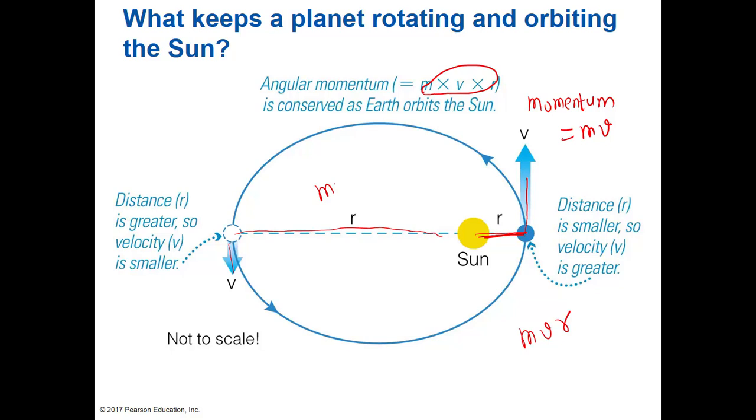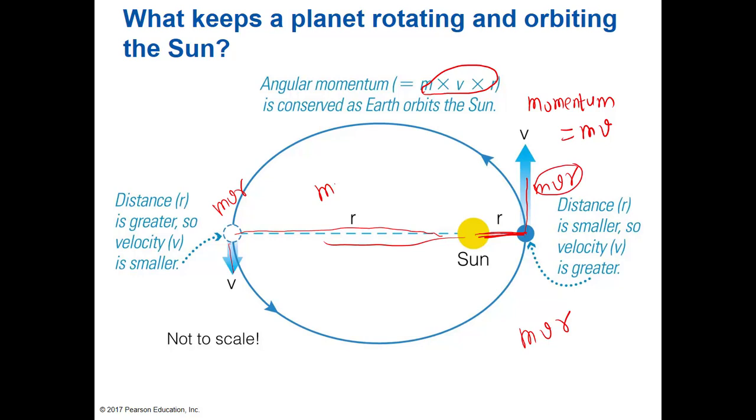If I measure the angular momentum mvr at this point, and mvr at this point, it has to be exactly the same. Mass does not change. Radius here is greater, so the velocity has to be smaller. In this case, radius is smaller, so the velocity has to be greater. But the product mvr, it doesn't matter where you measure, it's exactly the same.